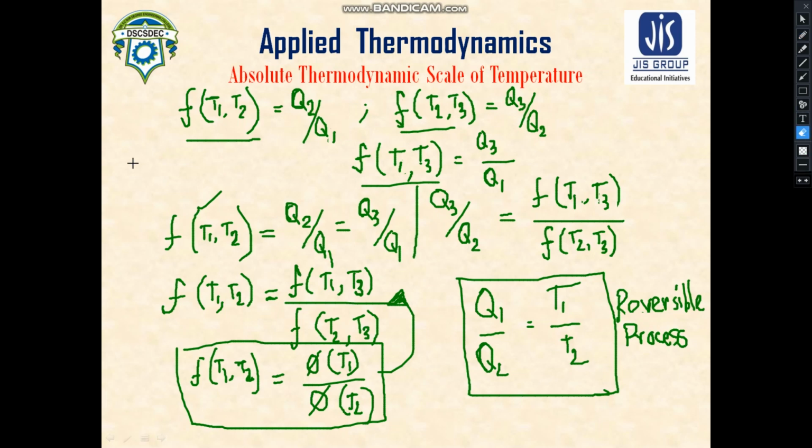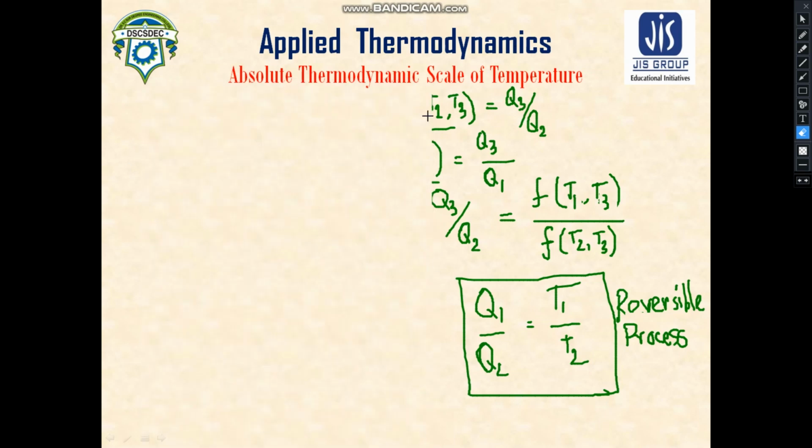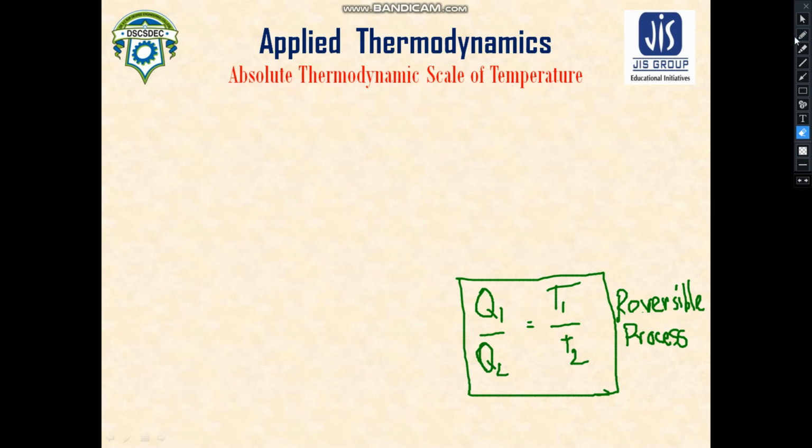Now, after understanding this relationship, the formulas of efficiency for a heat engine and the COP for heat pumps or refrigerators can be rewritten. Let us start with efficiency. This is eta, and I will rewrite it so that it can be clearly visualized.